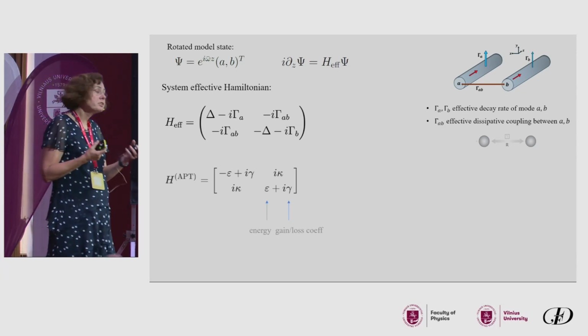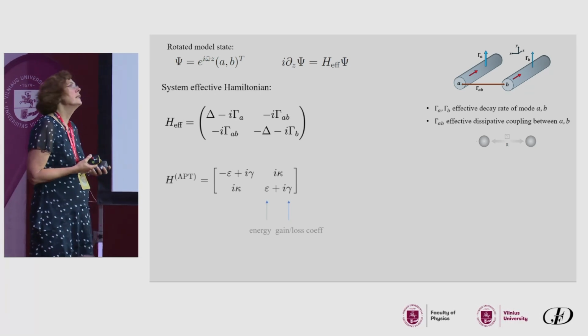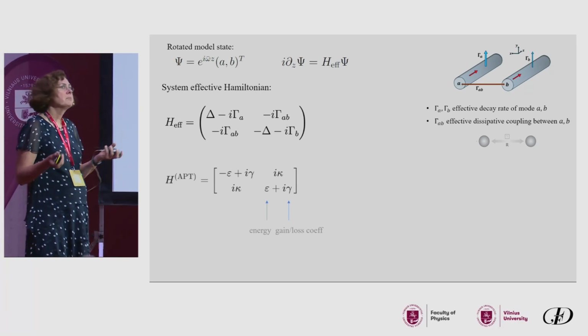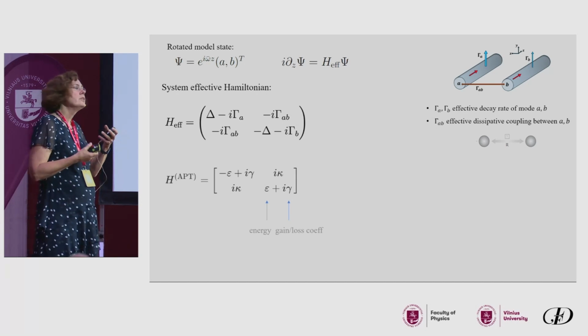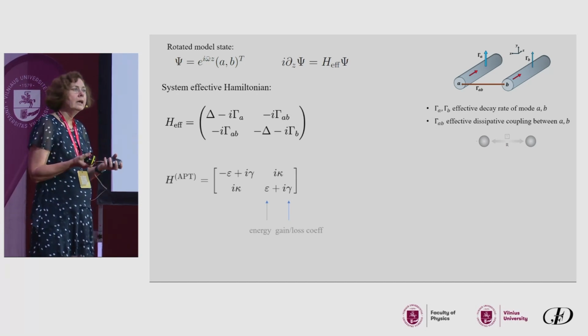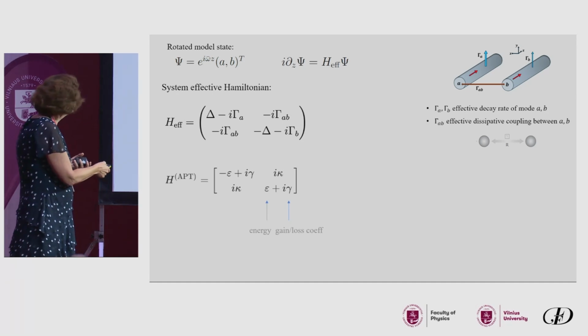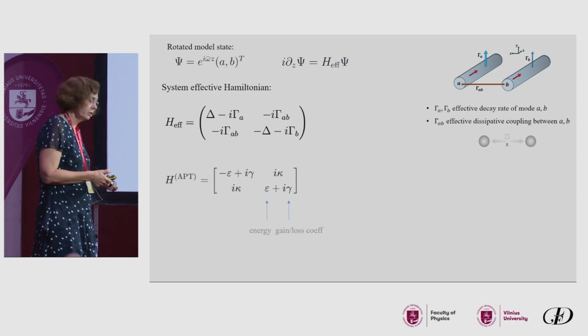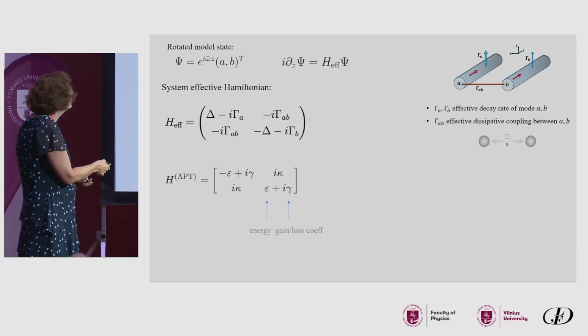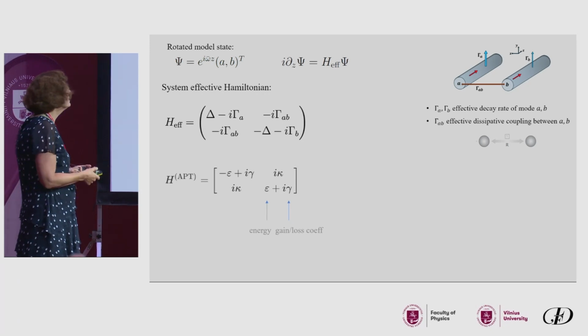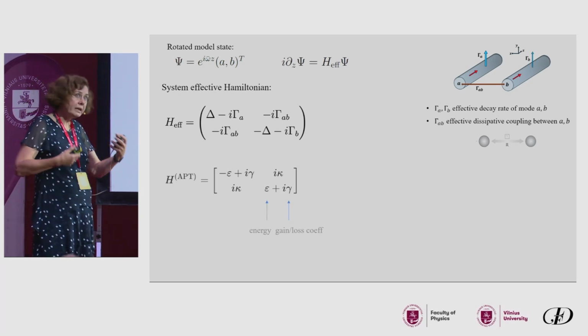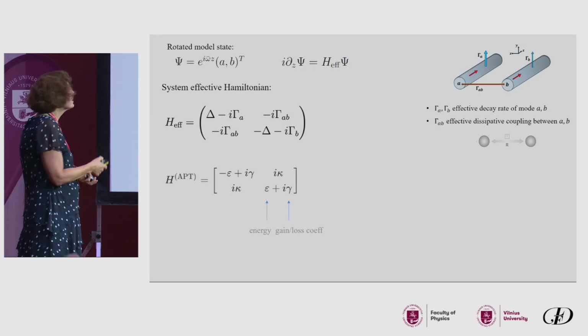The interesting thing here is that normally if people try to do something like this in photonics, they are bound to using systems with loss and gain, some active medium. In our case, we can replace it: we can have a completely passive system where these are just my decay rates.